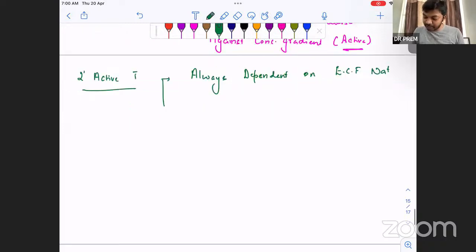And these extracellular fluid sodium levels are brought about by the sodium-potassium ATPase pump, doctors. So that's secondary active transport.